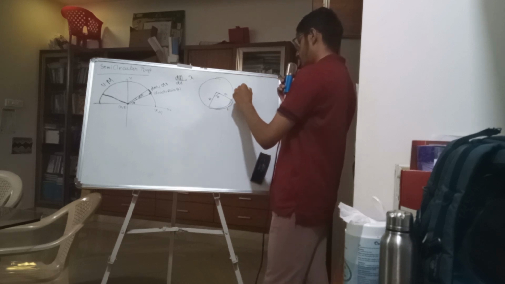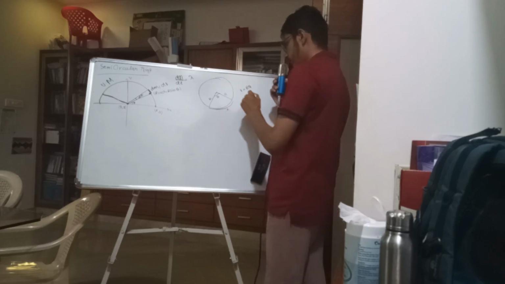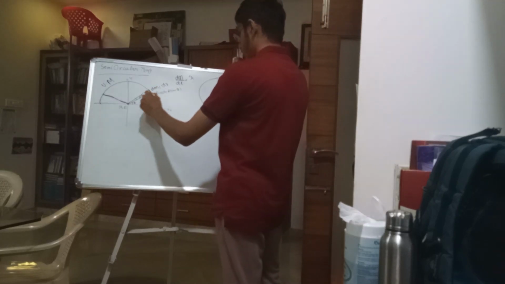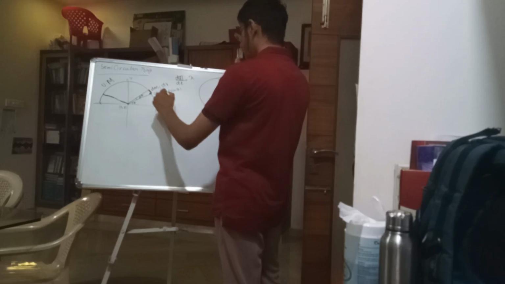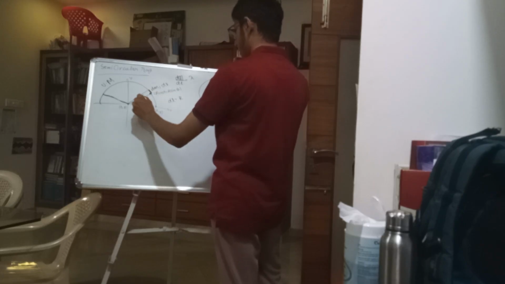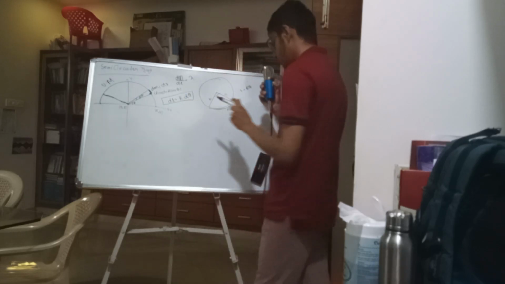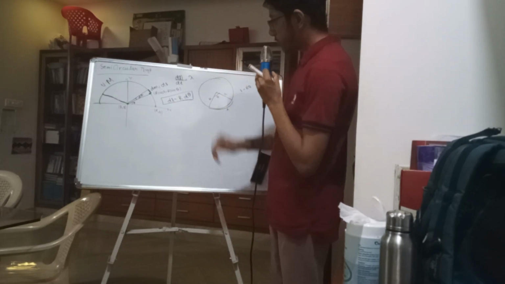You have studied the formula L is equal to r theta. The same formula I'm going to apply here. So I'm going to write dl is equal to r, the angle is d theta, so r into d theta. This is very important. If you understood this, half of the thing is over.